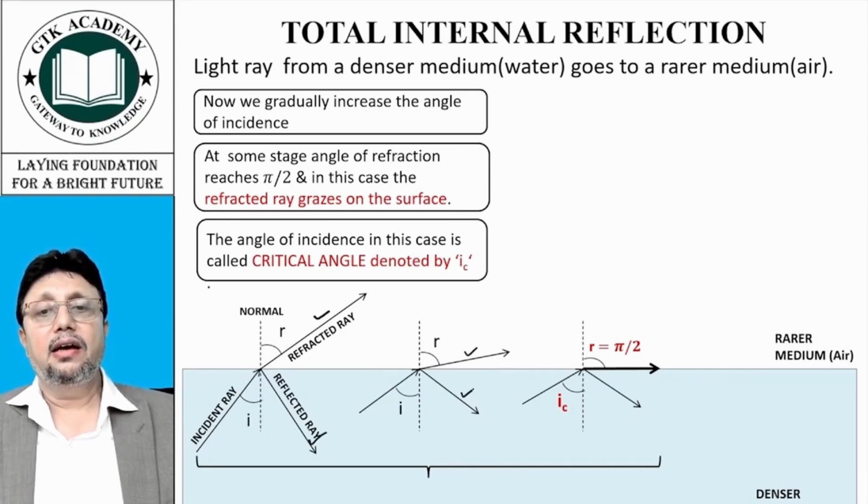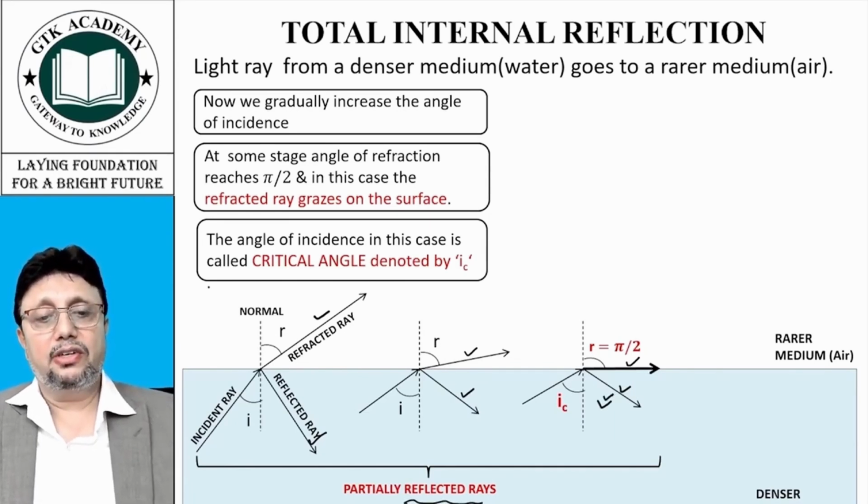Refracted ray, reflected ray. Here also it is refracted. Only thing is it is grazing, and you have reflected ray. So these rays are partially reflected till this position, right? Partially reflected and partially refracted.